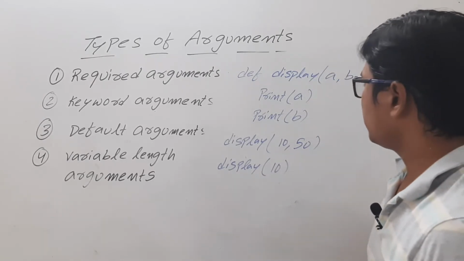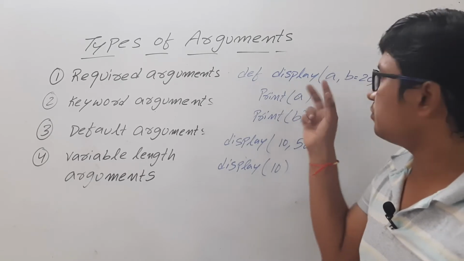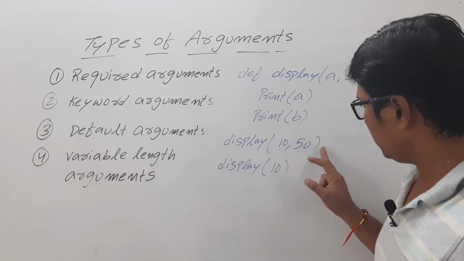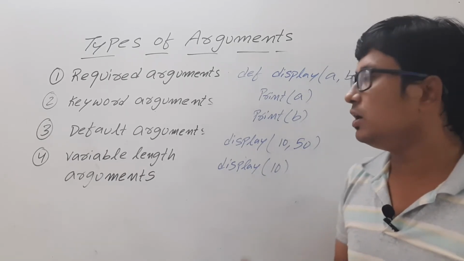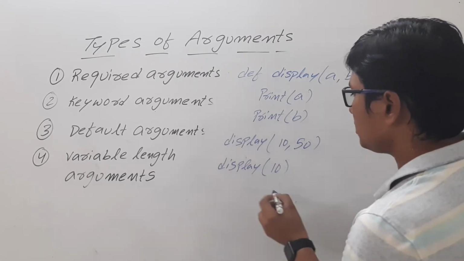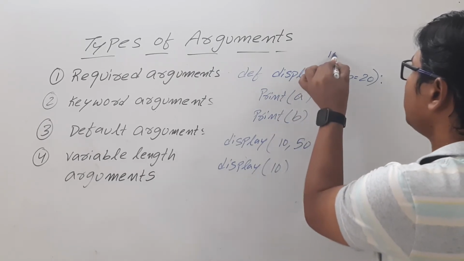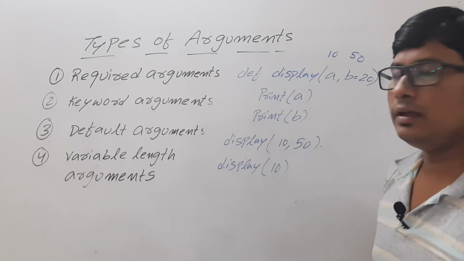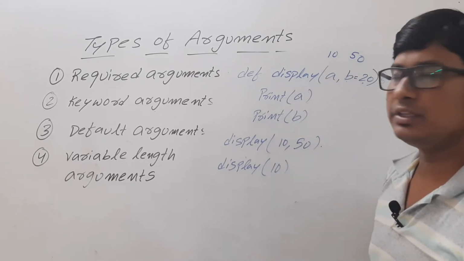Look here. The number of parameters in the function definition is how many? Two are there. But in the function calling, here you are passing 2 parameters, here only 1 parameter. Look at what will happen. When you call the display function with the values 10 and 50, then the A value will become 10 and the B value will be 50. Initially the B value is 20, then it will be replaced with 50.